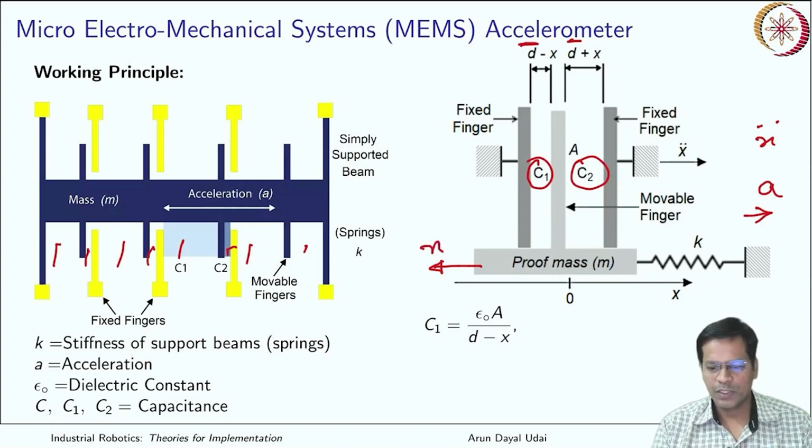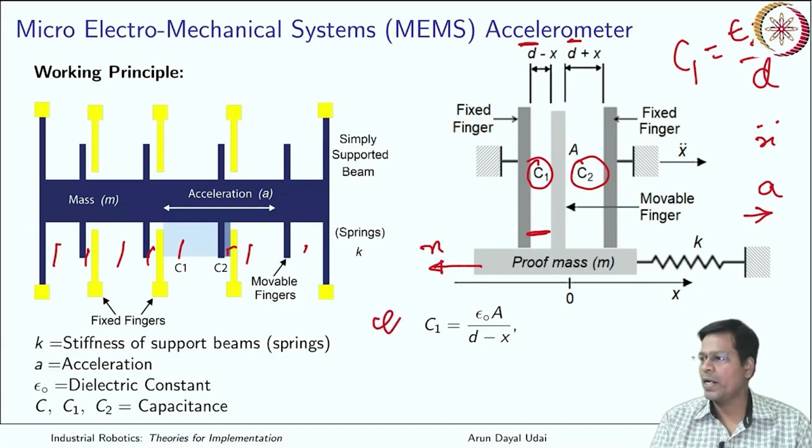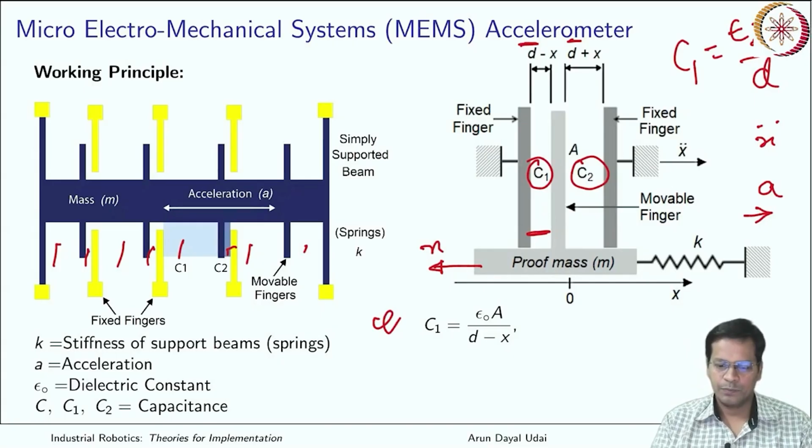Now the capacitance C1, which was initially epsilon 0 A by D, has changed. You see this gap has reduced. So this time the capacitance is C1 equals epsilon 0 A by D minus x.